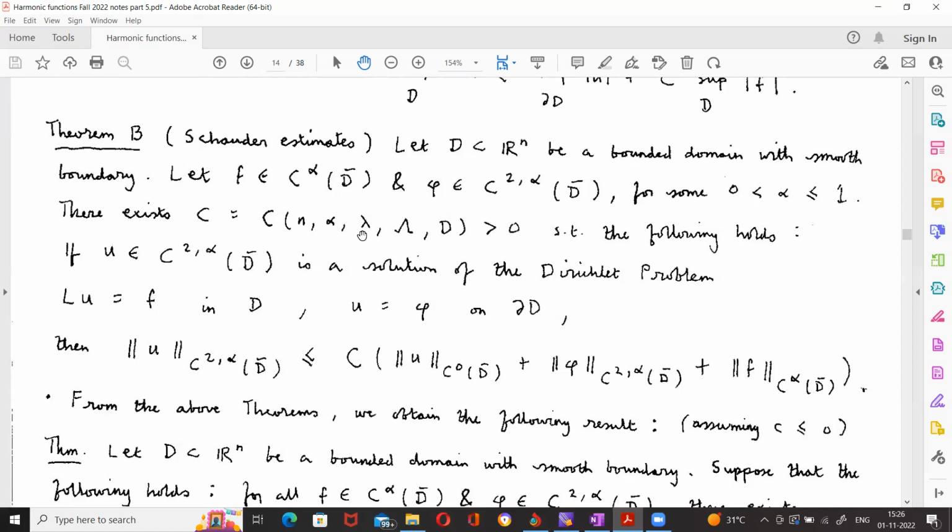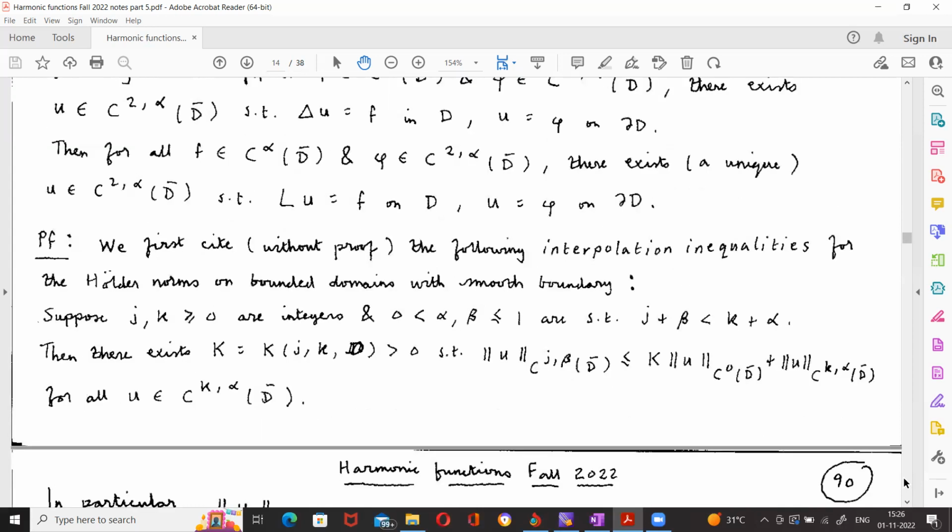So these two are fixed for all the operators LT. That means we get a fixed constant C for which this inequality holds for all the operators LT.